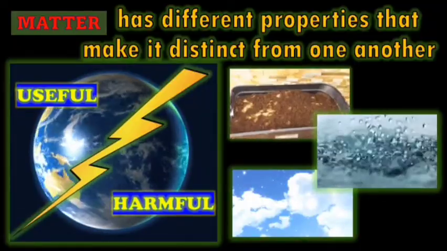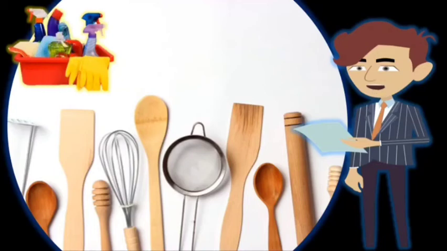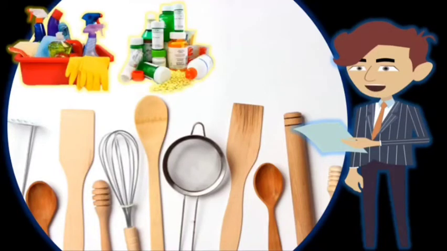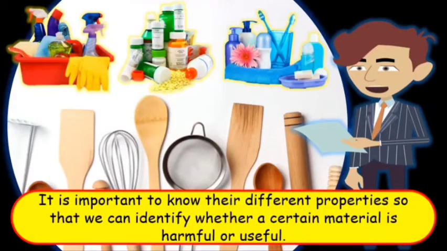There are different materials found at home. These are important because they are used in our daily activities such as cooking, cleaning our houses, treating ailments, maintaining personal hygiene, and many more. It is important to know their different properties so that we can identify whether a certain material is harmful or useful.